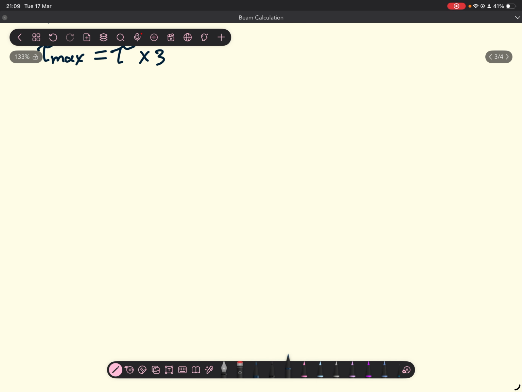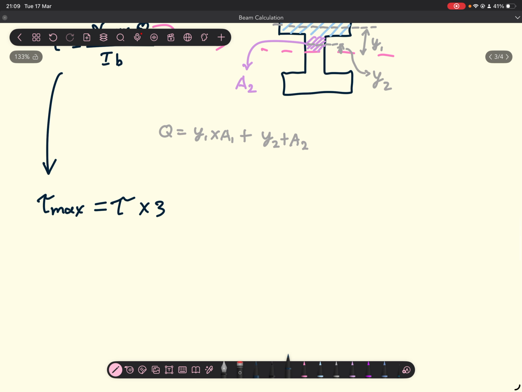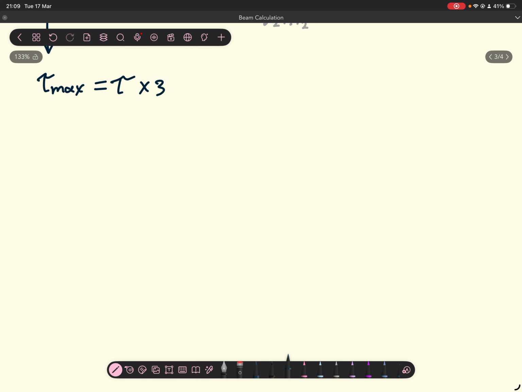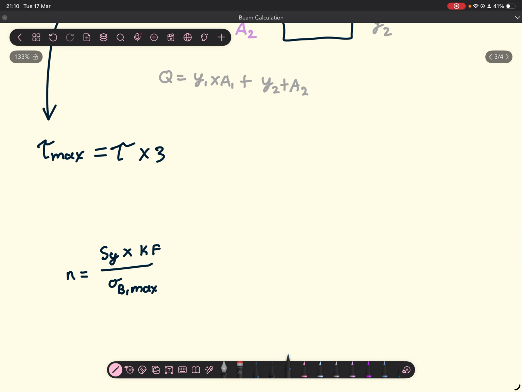So in the worst scenario, our safety factor for bending is going to be our yield strength, SY, multiplied by our knockdown factor, KF, then divided by our maximum bending stress.